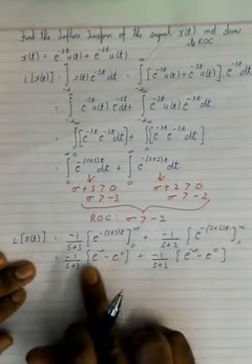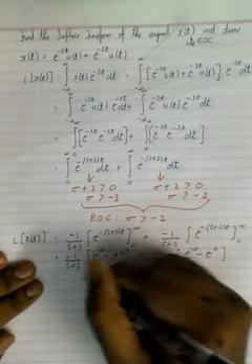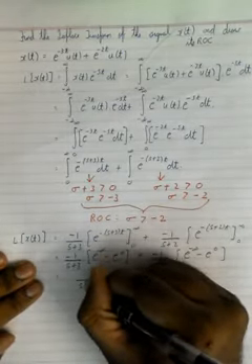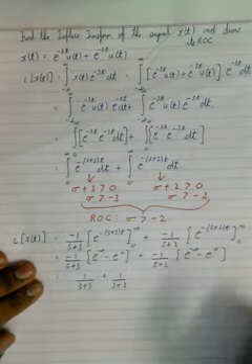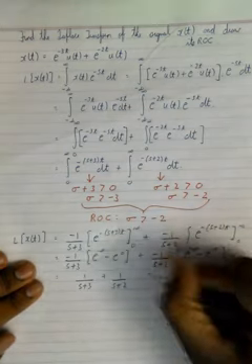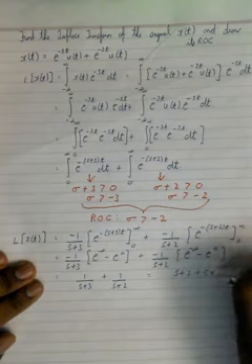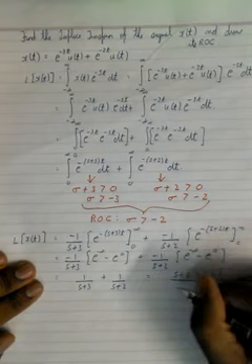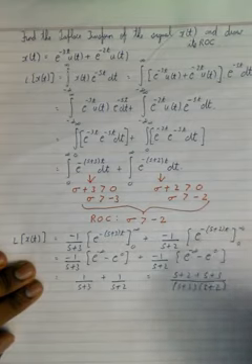E raised to minus infinity is 0 and e raised to 0 is 1. So therefore the answer here becomes 1 by s plus 3 plus 1 by s plus 2. On cross multiplying, you will get s plus 2 plus s plus 3 divided by s plus 3 into s plus 2.